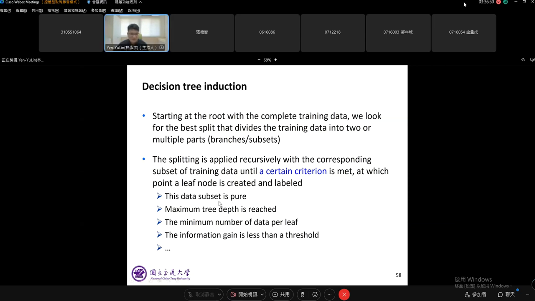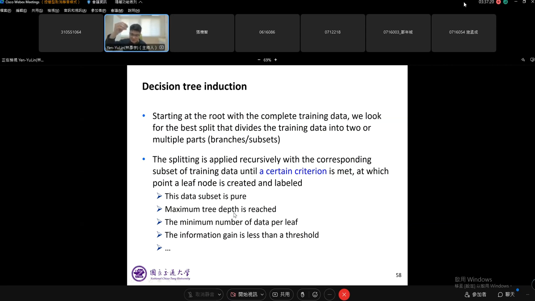Okay. The second criterion is about maximum tree depth. We want to have a small decision tree. So we can enforce this requirement by setting the maximum decision tree depth. For example, we say the maximum depth of this decision tree is 5.